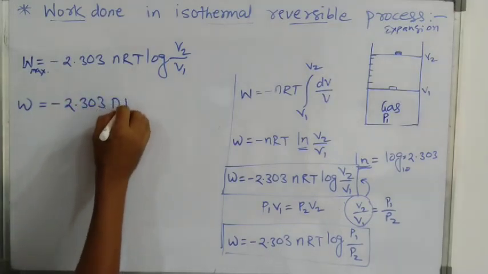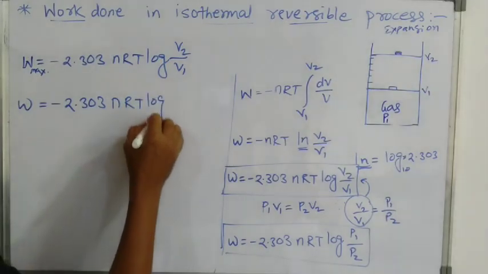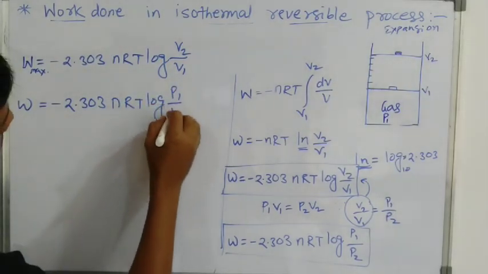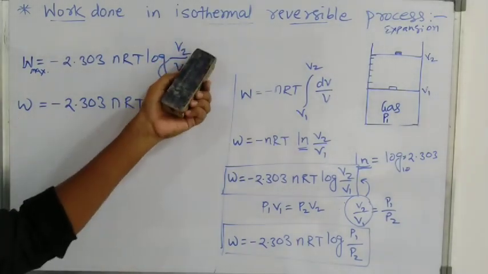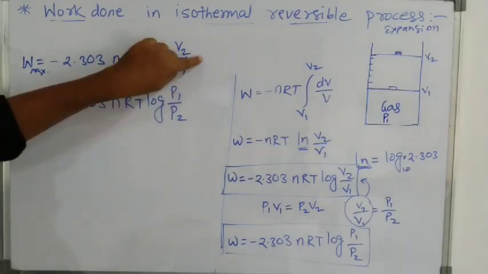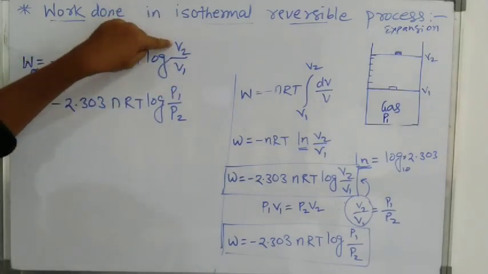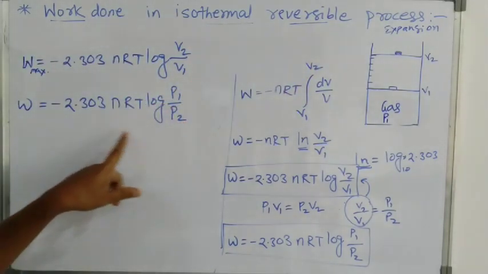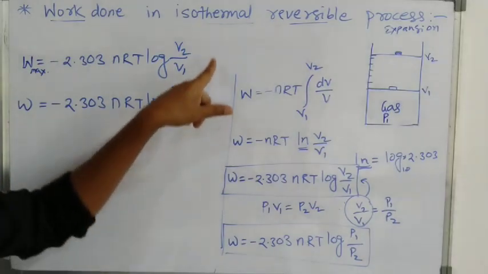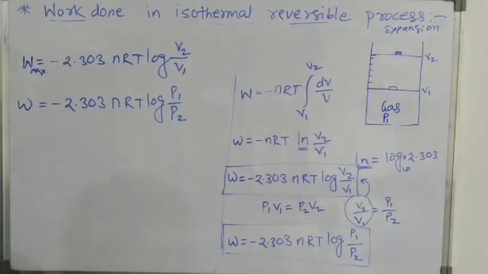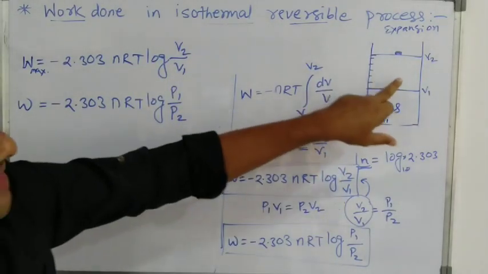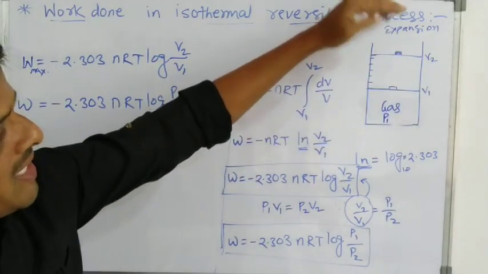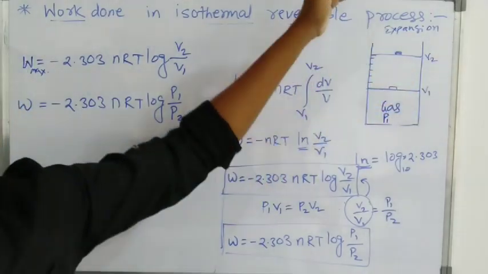2.303 nRT log of P1 upon P2. Why V2 upon V1? Because in the expansion volume increases, V2 is the volume in the final state, but in the compression volume decreases. If we express the expansion of gas in terms of volume, the volume is increased.